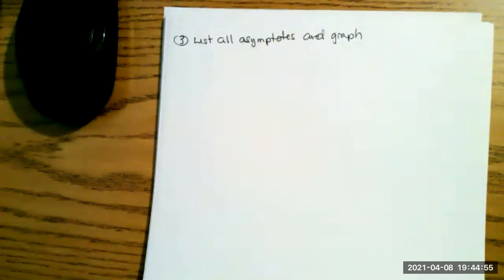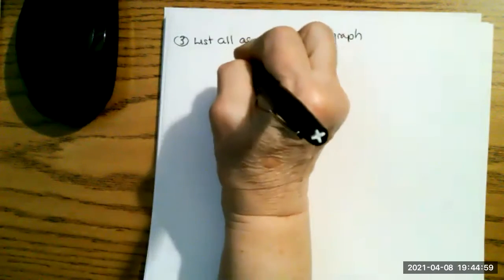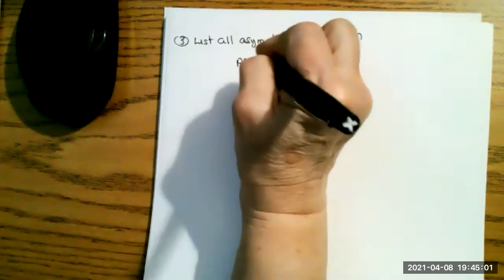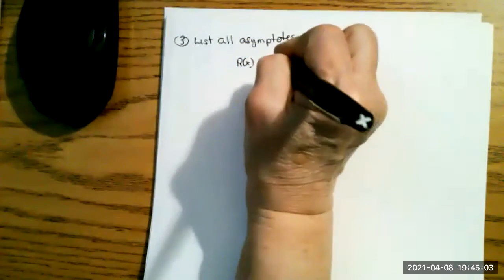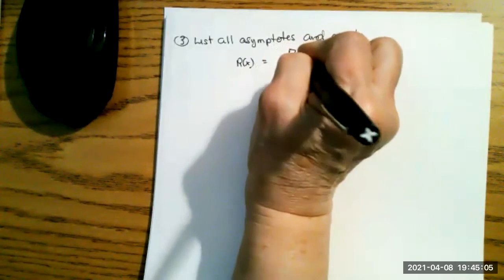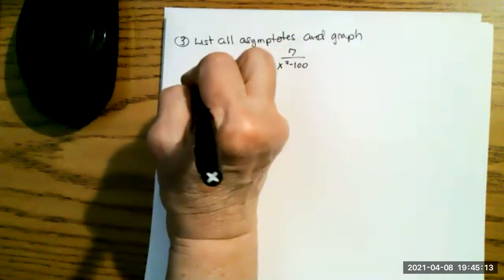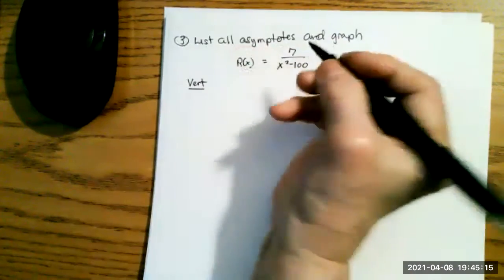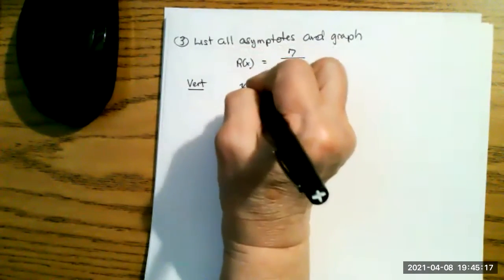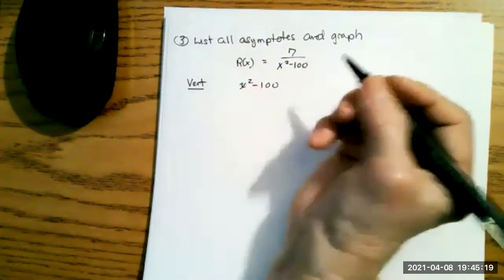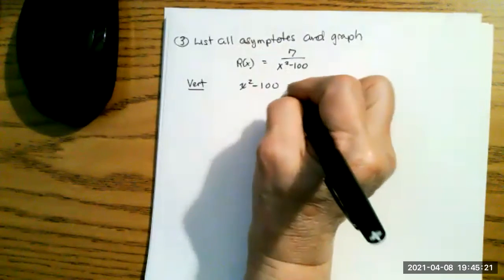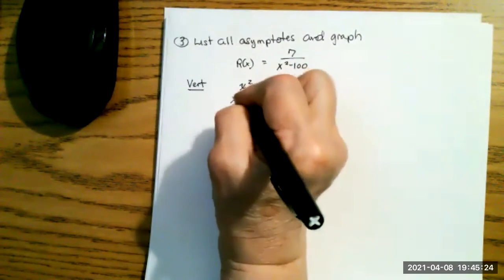So this problem is r of x equals 7 over x squared minus 100. So we have to find all of the asymptotes. So let's start with vertical. We've got x squared minus 100, and we want to set that equal to 0 and figure out what that's going to be.